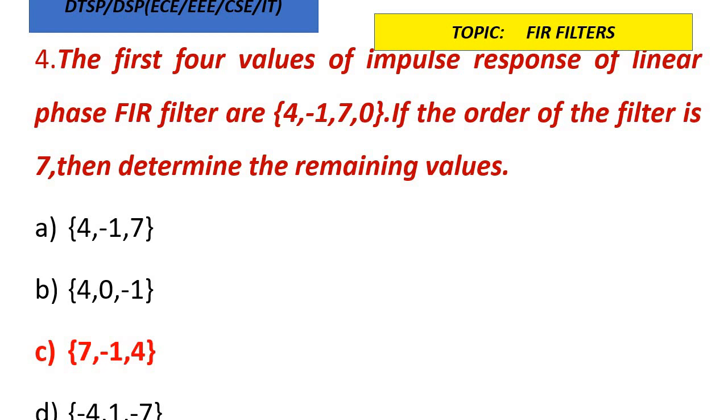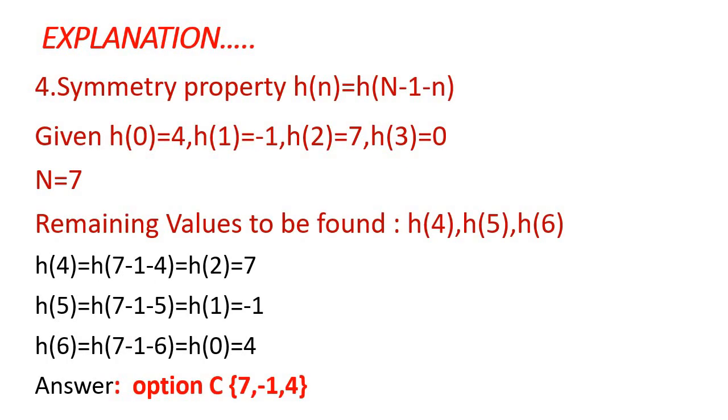Order of the filter is 7, so we'll be having 7 samples starting from 0 to 6. So h of 0 value is 4, h of 1 value is minus 1, h of 2 value is 7 and h of 3 value is 0. Symmetry property is h of n equal to h of N minus 1 minus n, and N value is 7. We should find the remaining values.